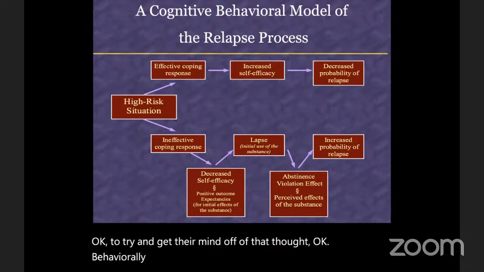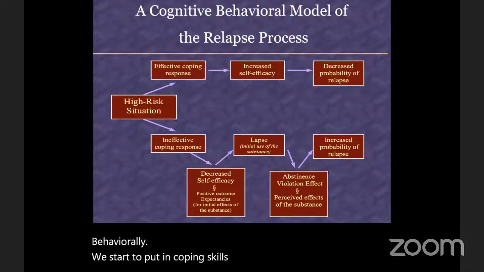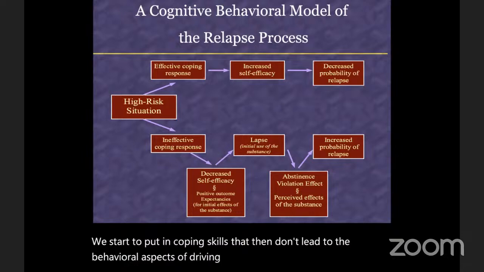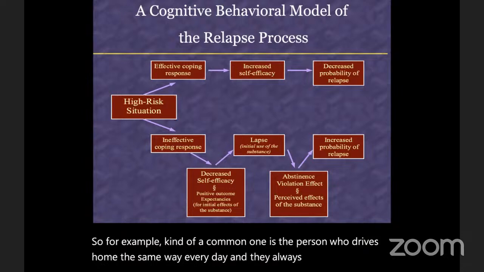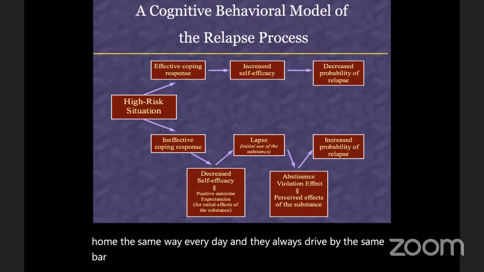Behaviorally, we start to put in coping skills that don't lead to the behavioral aspects of driving their addictive behavior. For example, a common one is the person who drives home the same way every day, and they always drive by the same bar or the same liquor store.